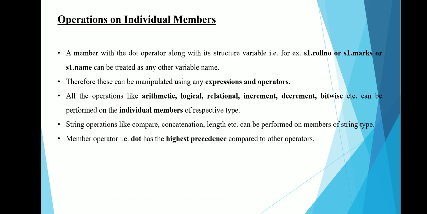In a similar way, you can also perform some of the operations on individual members of a structure variable. You cannot perform operations on the complete structure variable. You can perform operations on individual members.